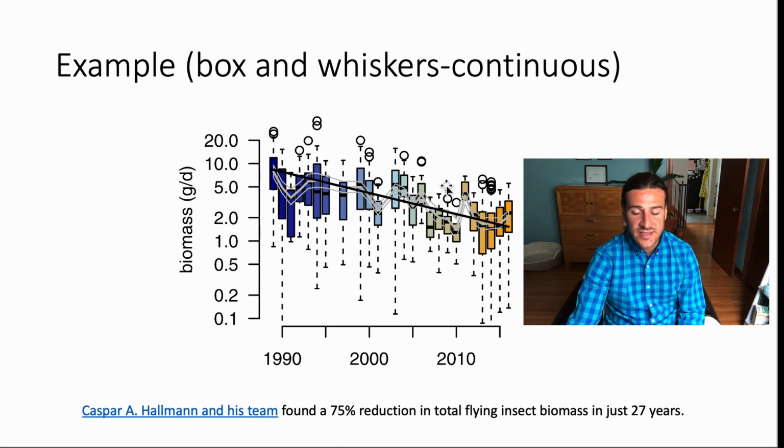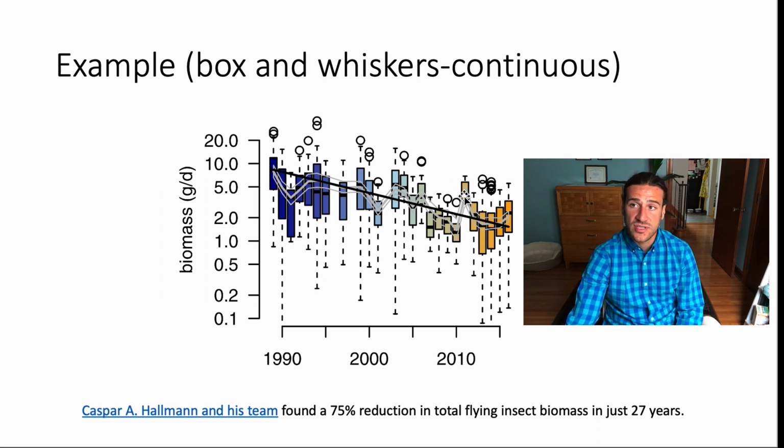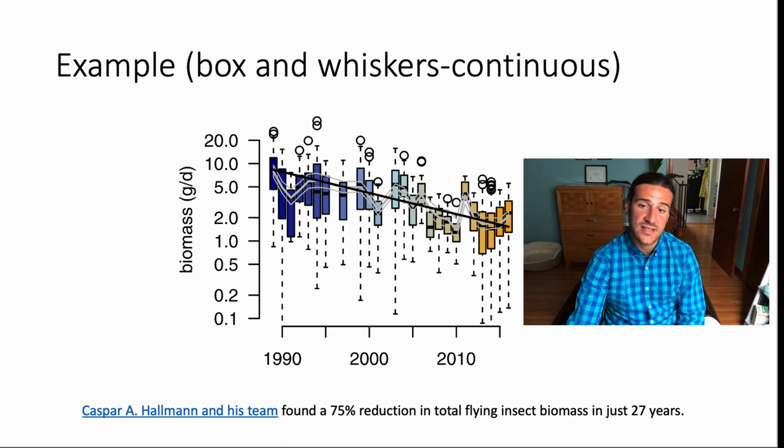In this German study, they showed that in just 27 years, there's been a 75% reduction in total flying insect biomass, right? A 75% reduction in the amount of insects throughout these different ecosystems in Germany. So that's really crazy.